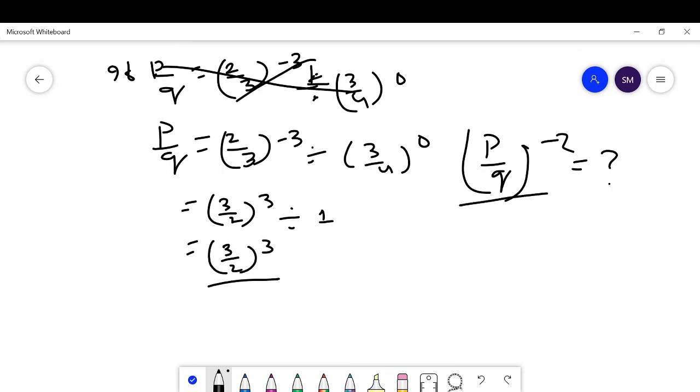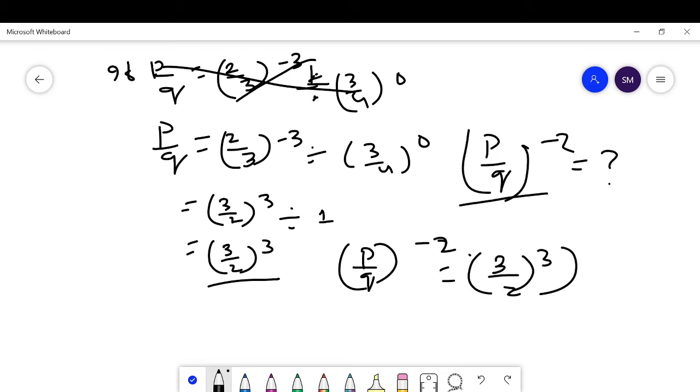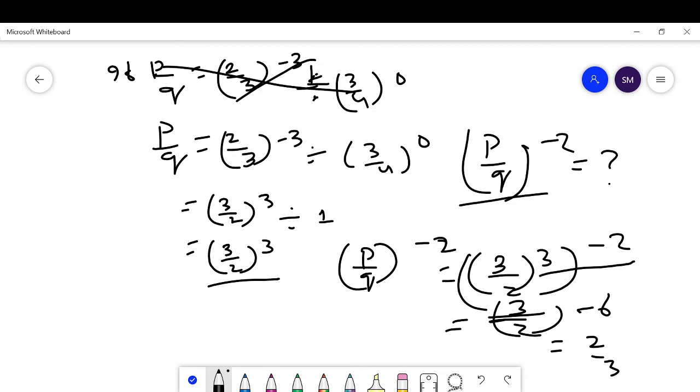We have to find (P by Q) to the power minus 2. Then in place of P by Q, we put ((3 by 2) to the power 3) to the power minus 2. Then this is (3 by 2) to the power minus 6, as exponents get multiplied: 3 into minus 2 is minus 6. This means (2 by 3) to the power 6.